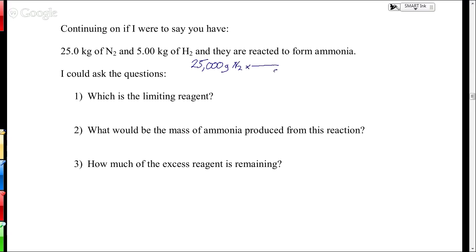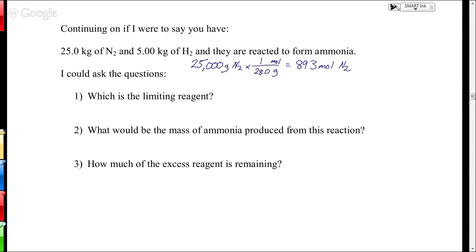And then nitrogen N2 is going to be 28 grams per mole. So that's going to give us 893 moles of nitrogen.